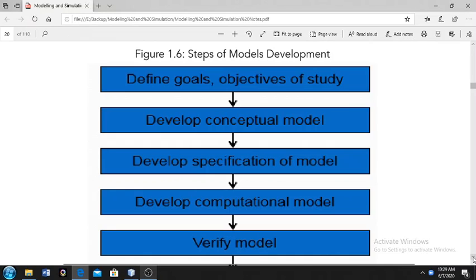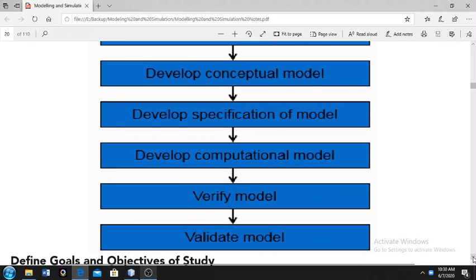Now, you have 6 steps. You define goals of the study. You develop a conceptual model. You develop a specification. You develop a computational model. You verify your model, and then you validate your model.